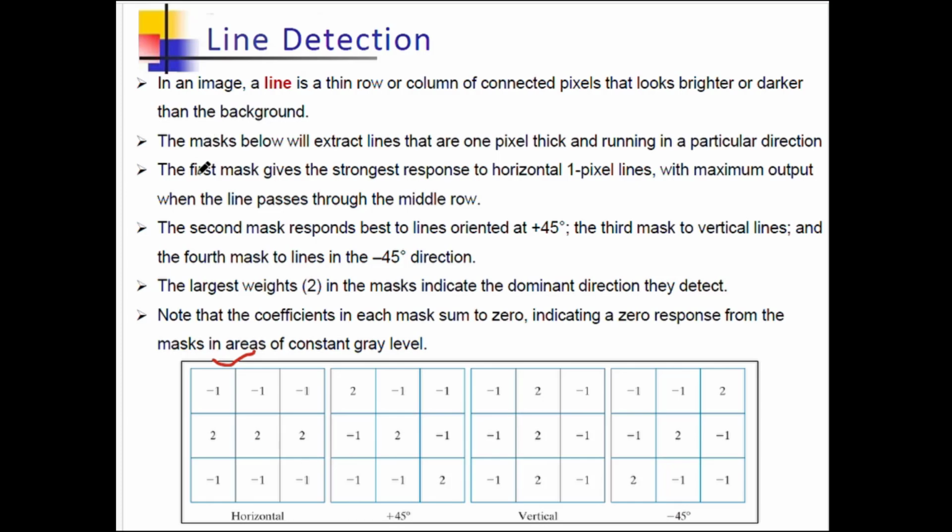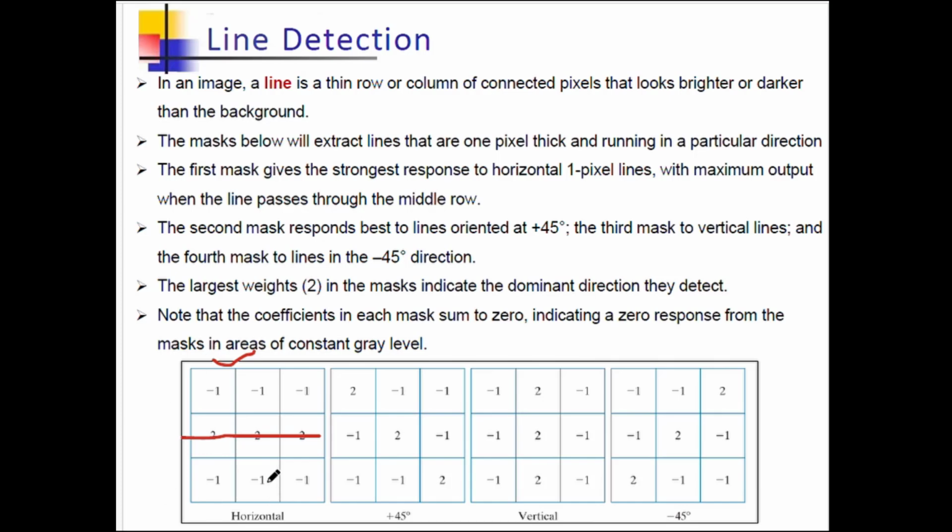Yes, now the mask below will extract lines that are 1 pixel thick and running in a particular direction. It is a line. Yes, what is this? This is 1 pixel. So that is the reason it is called a 1 pixel thick line. The first mask gives the strongest response to horizontal 1 pixel lines with the maximum output when the line passes through the middle row.